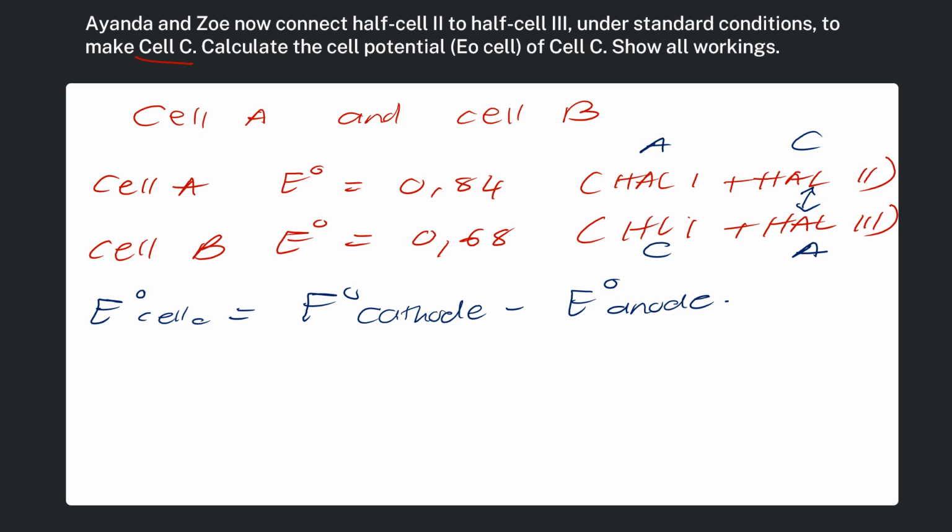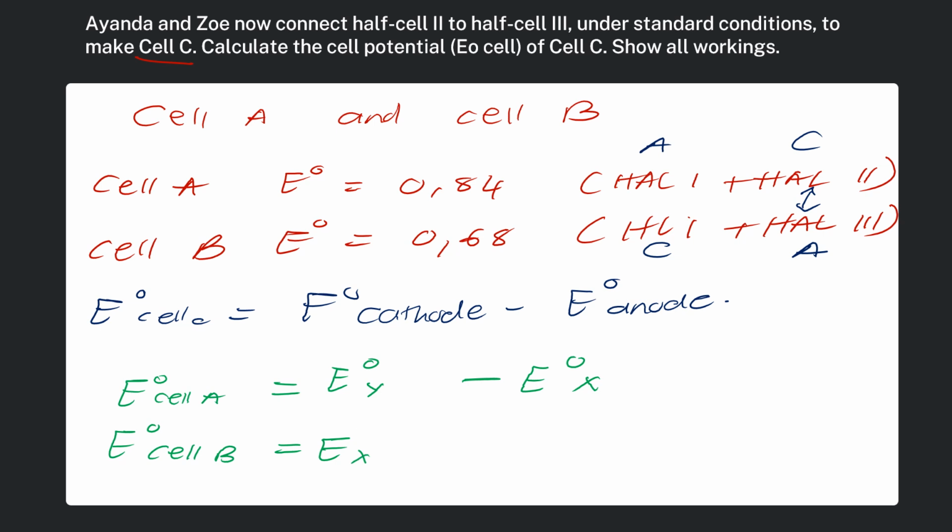So let's just write. So that means for cell A, E node cell A, if we're saying cathode minus anode, would then have been what we had initially, which was E node of our cathode, which is half cell 2, which was the Y. So we're going to say E node of Y minus our anode, which is where we had X, so minus E node X. Then our cell potential for B was again cathode minus anode, where our cathode was the X metal, so EX, right?